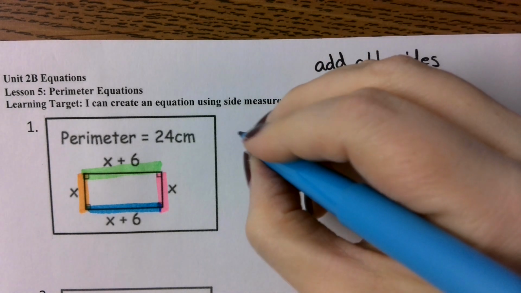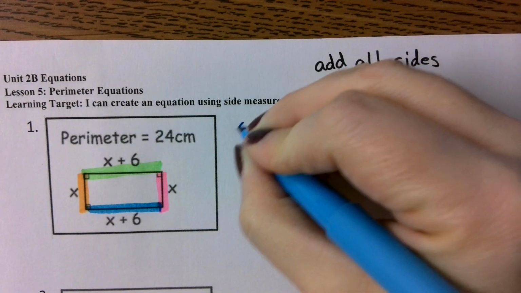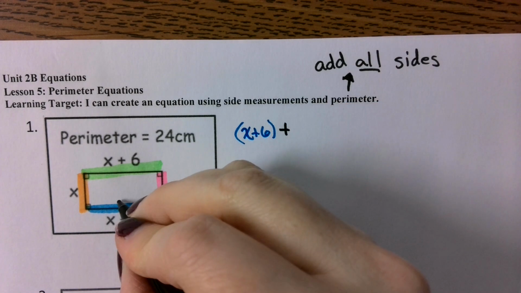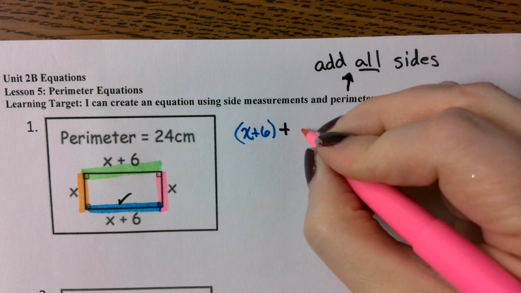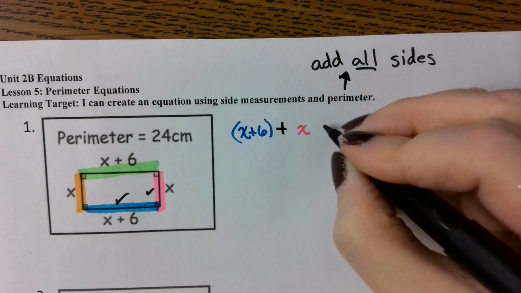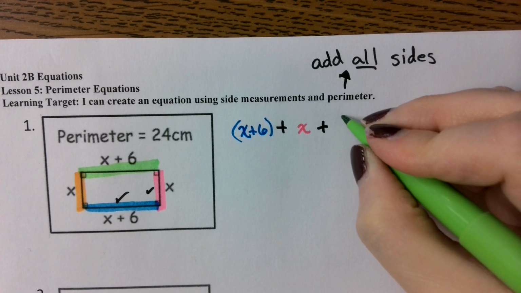So that means I've got x plus 6 that I'm going to write down here. I just did this side, so I'm going to check it off. I now need to use my pink side, x. Okay, I just used that one, plus my next side, my green side, that was an x plus 6.